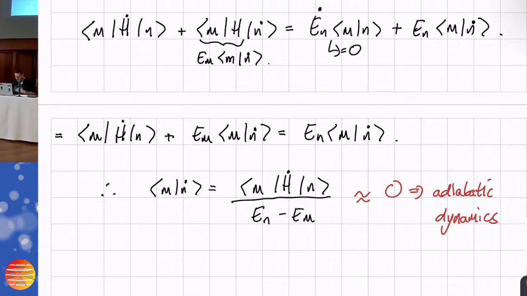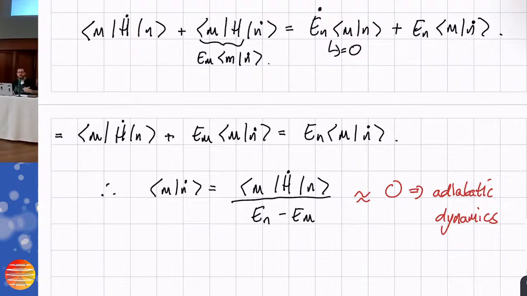What it's saying is that if I started in an eigenstate and did an arbitrary time-dependent drive, a closed-system unitary drive, then in general I would get some excitations. I would get some coupling between the eigenstates. But I can very precisely write down what that term is, and I know it depends on this scalar product <m|ṅ>. So if I want adiabatic dynamics, then that term has to go away.